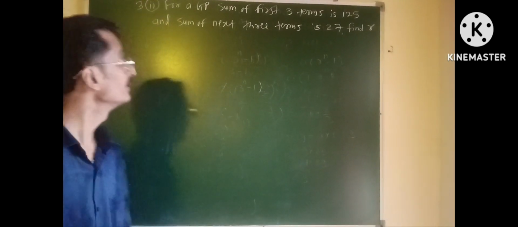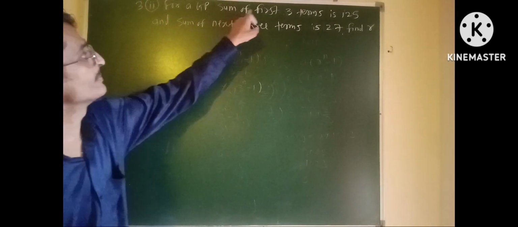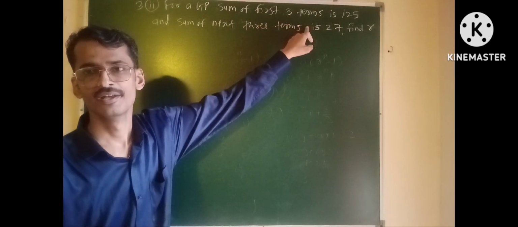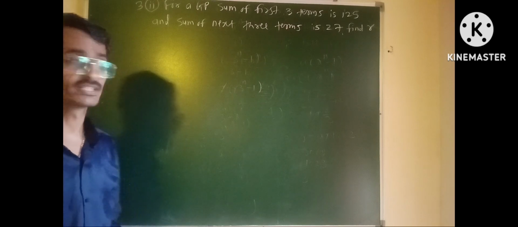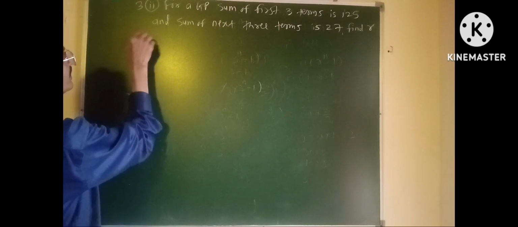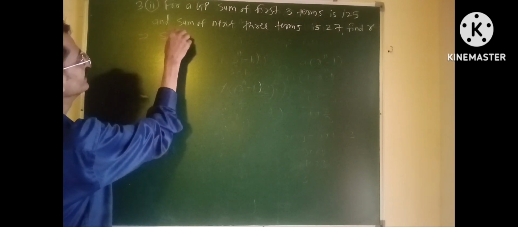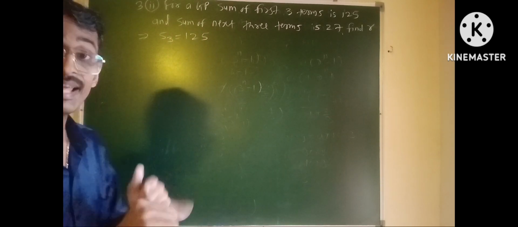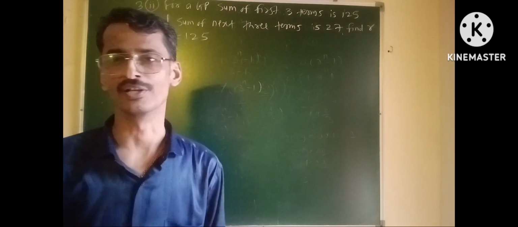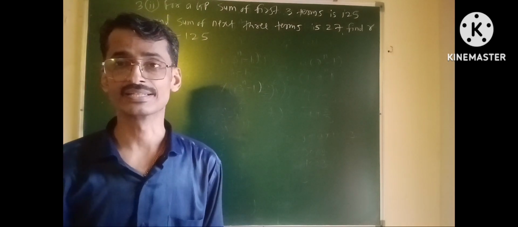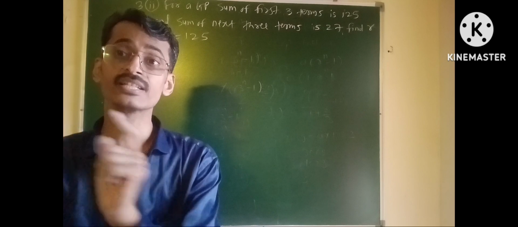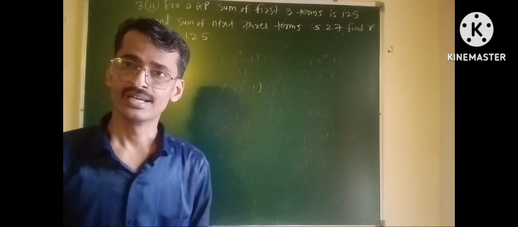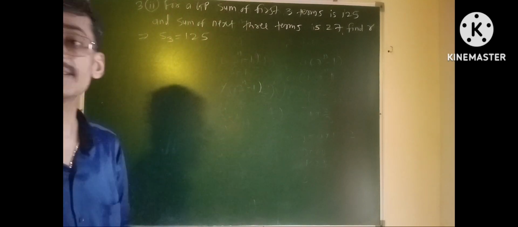Now in the next sum, for a GP, the sum of the first 3 terms is 125. Okay. So what is the sum of the first 3 terms? S3. S3 is 125. And the sum of the next 3 terms, that means what? Don't write now S6. This is not the sum of the first 6 terms. T1 to T6, that we write S6. This is the sum of the next 3 terms.